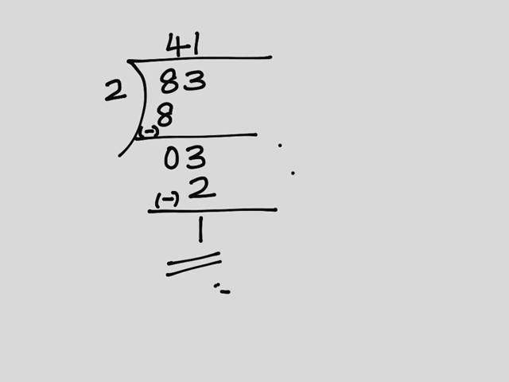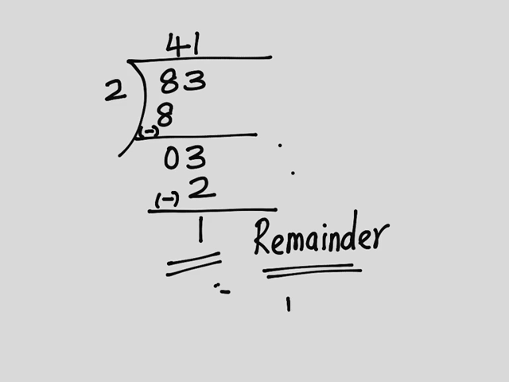The portion of the dividend that is left over is 1. So 1 is called the remainder. We can write it as R equals 1. Remainder equals 1.